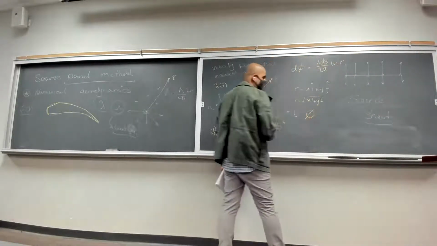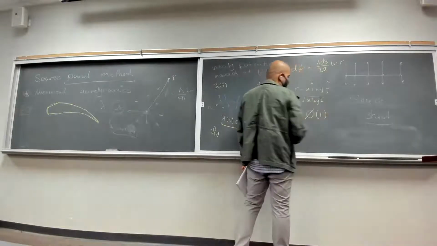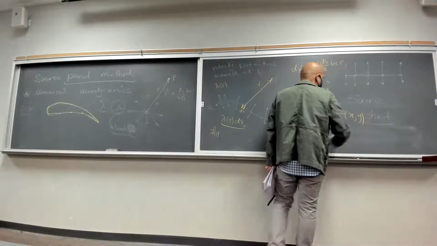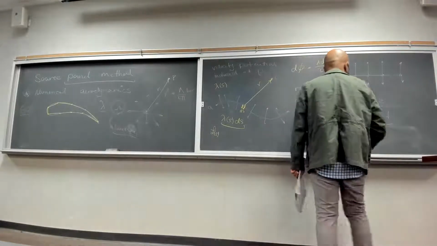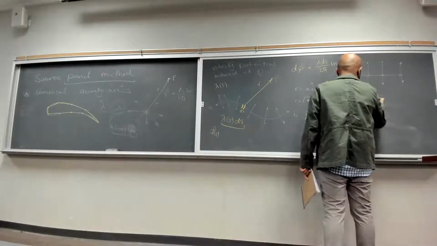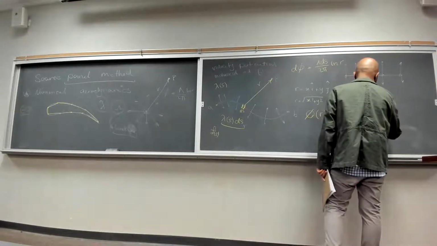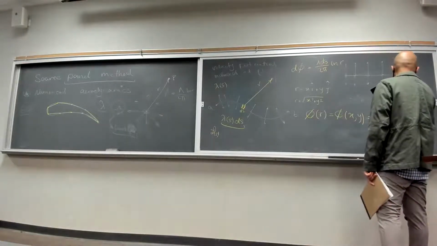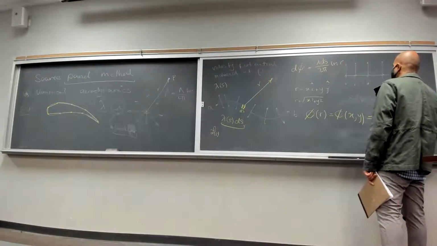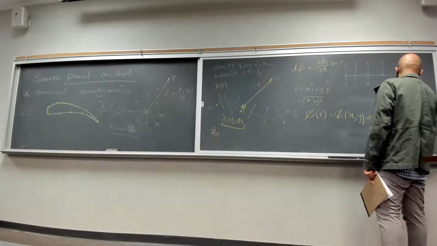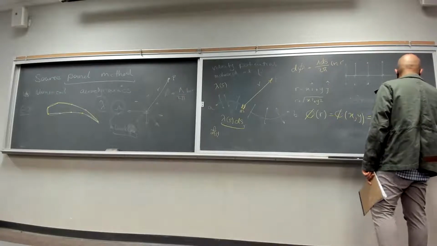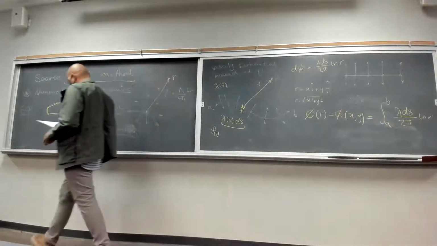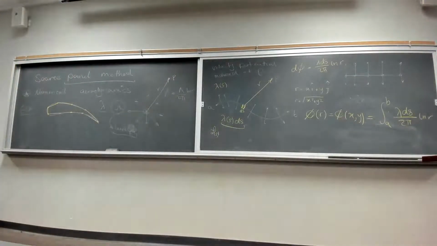So your phi, which is a function of r, which essentially means that it is a function of x and y, is going to be equal to the integral A to B of lambda ds divided by 2 pi natural log of r.